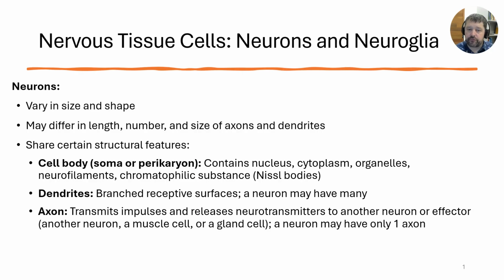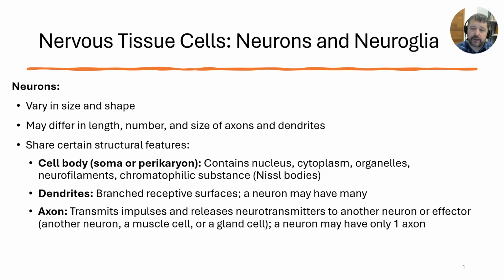The axon's purpose is to transmit a signal, and they do so by releasing neurotransmitters. We've already talked about one type of neurotransmitter when we talked about muscle tissue, acetylcholine. We talked about that quite a bit. Now, there are other potential neurotransmitters, and axons would be associated with those.